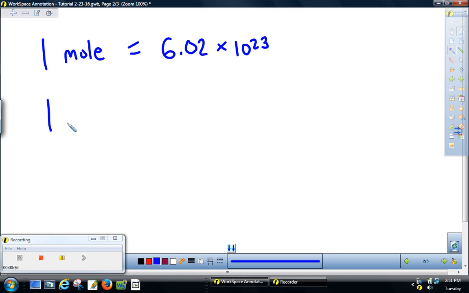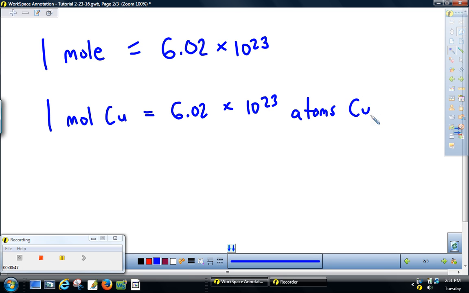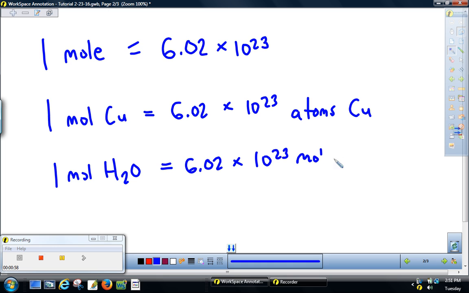So if you have 1 mole of copper, that means you have 6.02 times 10 to the 23rd atoms of copper. If you have 1 mole of water, then you would have 6.02 times 10 to the 23rd molecules of water. So 1 mole of an object is equal to 6.02 times 10 to the 23rd.